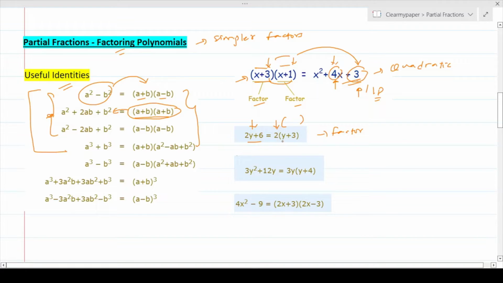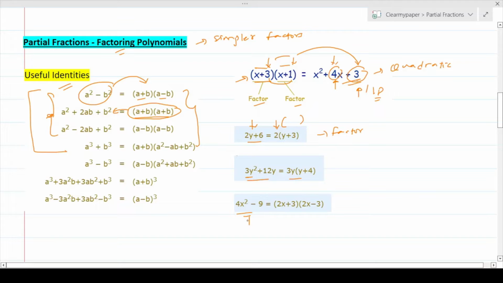If it's possible, then breaking it down is nothing but factorizing the polynomial. In this case, we have 3y squared plus 12y, and if you take 3 and y both as common, because y is repeating, you get 3y into the bracket y plus 4.